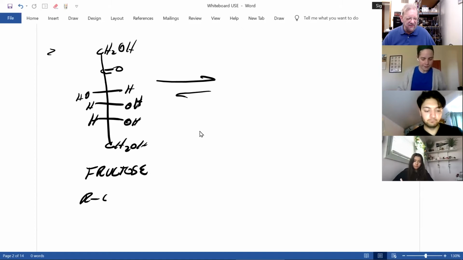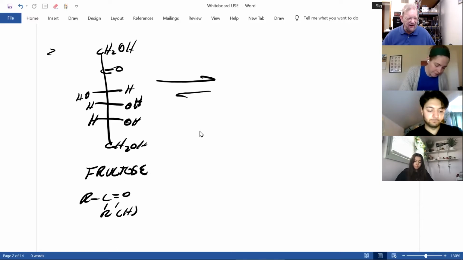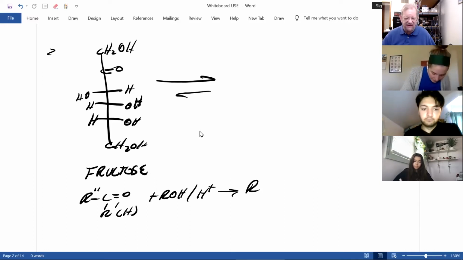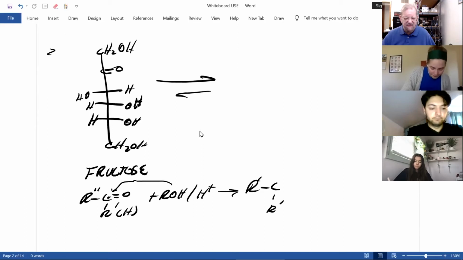And again, let me remind you, you have a ketone or aldehyde plus an alcohol. If you have separate molecules, you need an acid catalyst, and this attacks my carbonyl. What's attached to my carbonyl? R prime can be hydrogen or carbons, and it's either a ketone or aldehyde, and this opens up to this, just like we saw before.